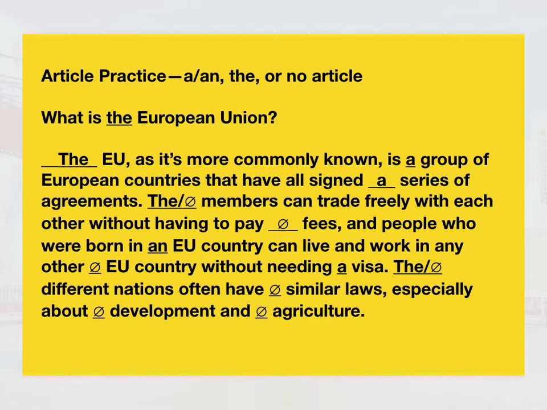The different nations often have similar laws, especially about development and agriculture. If you're unclear about any of those, go back and look at these each individually to see if you can figure out why you're using a, an, the, or no article. Let's take another example.